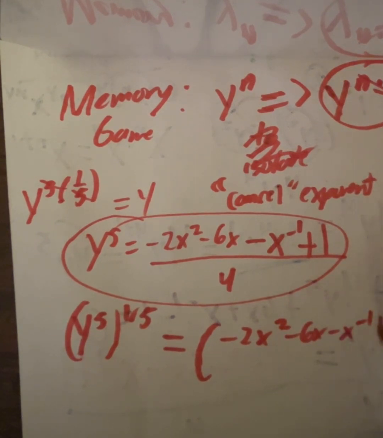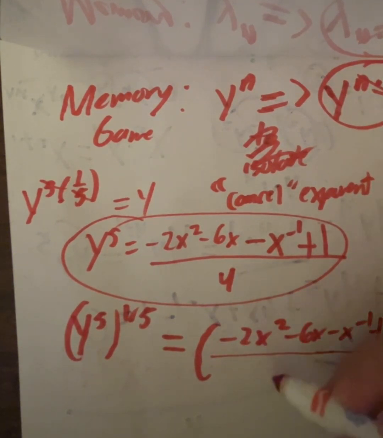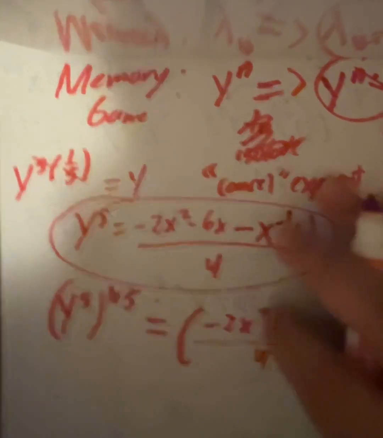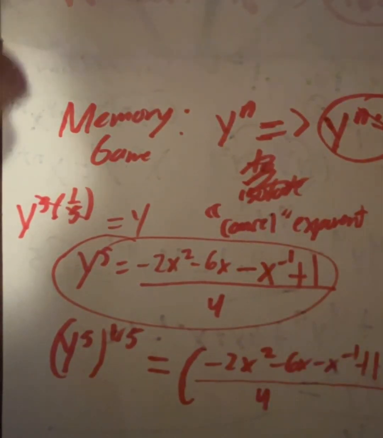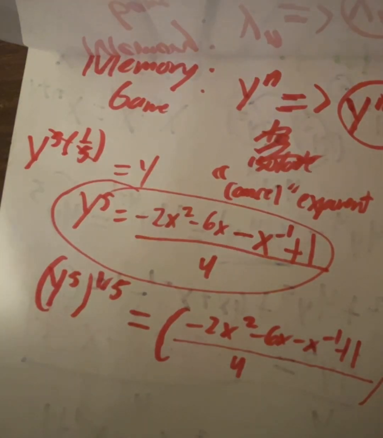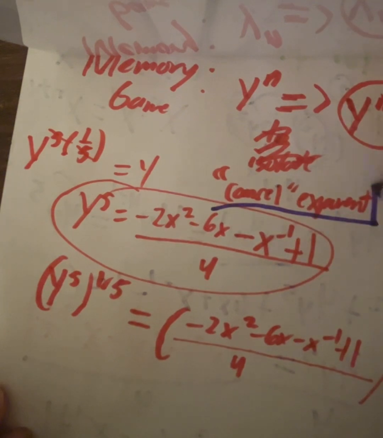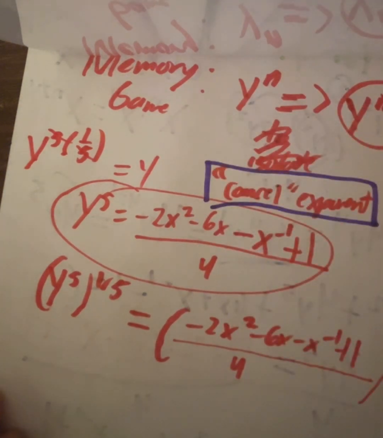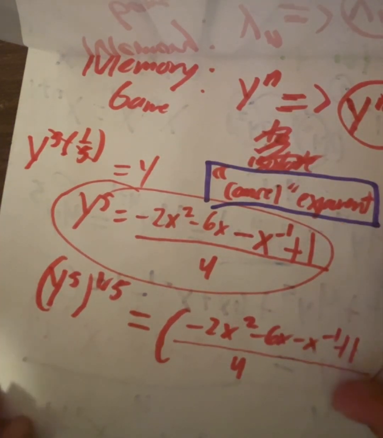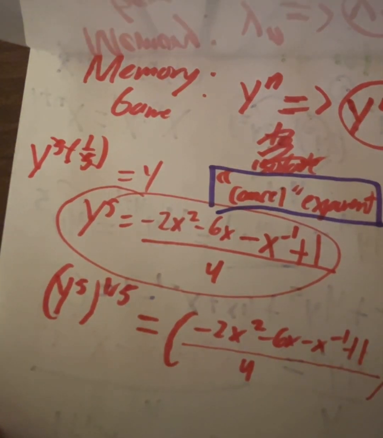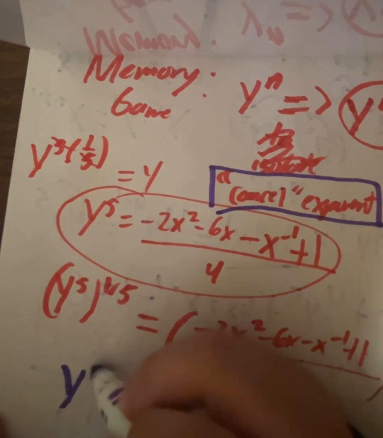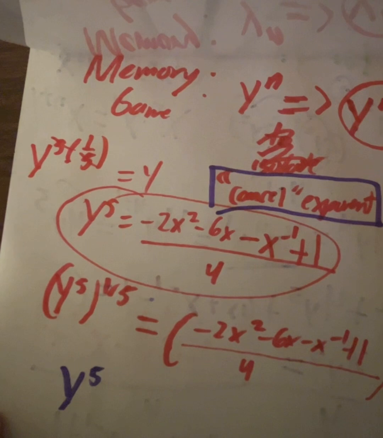We take everything to the 1/5 power, everything. And so what happens when you do that? Based on our memory game, we will get the exponent canceled.